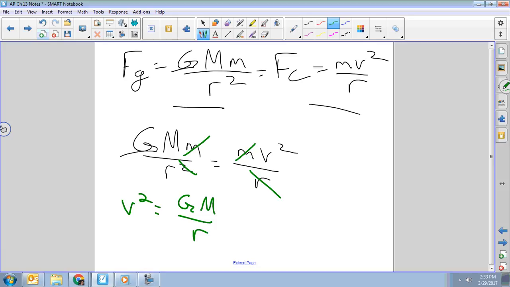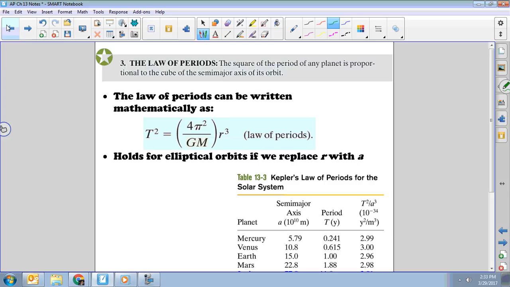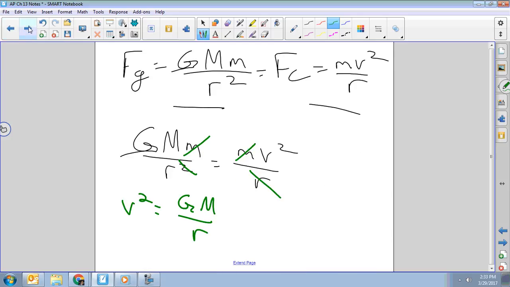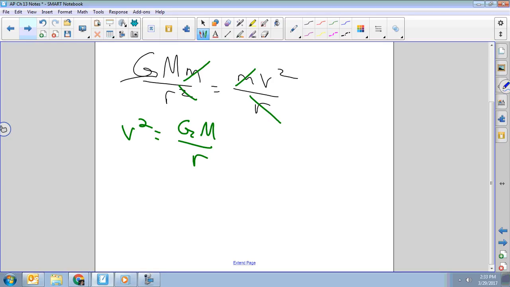All right, but we're trying to come up with something not about the velocity, but about the period, right? Well, look. Velocity, if it's going in a circle, is just the circumference over the period, right? Okay, so that means that this thing squared is equal to that, right?